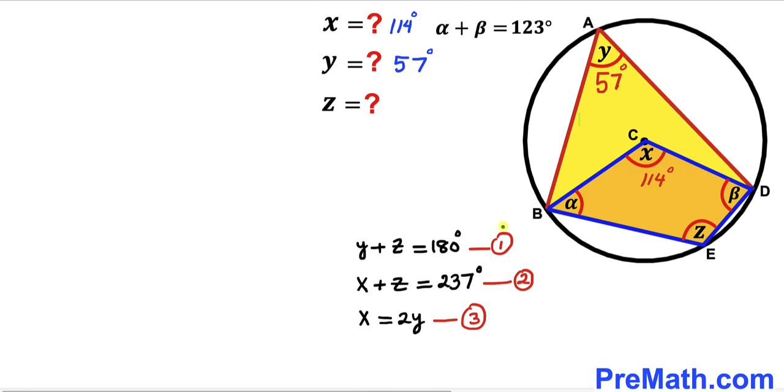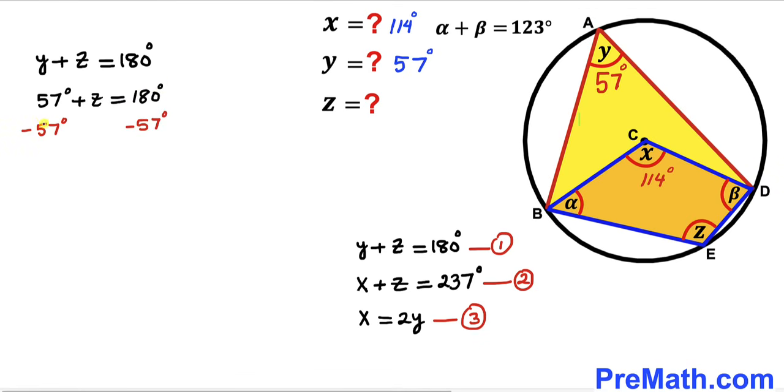Now let's focus on equation 1. Here we have copied down equation 1, and we already figured out our Y value as 57 degrees. So we can write 57 degrees plus angle Z equals 180 degrees.